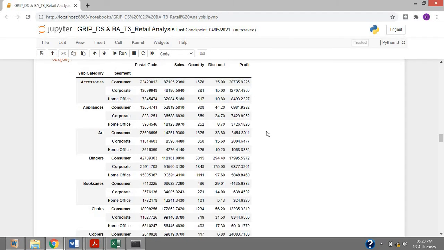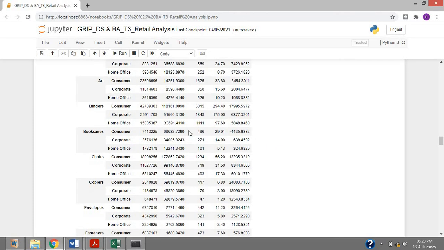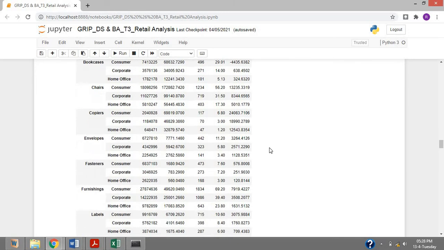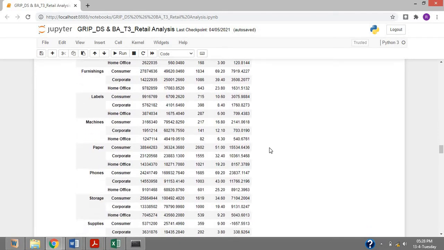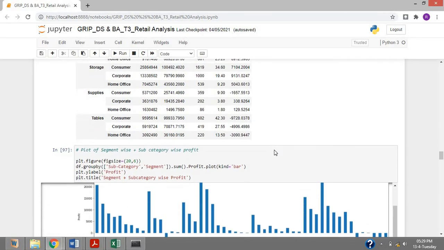So here if we see under the profit column, whichever ones are negative, bookcases consumer is negative, which means in bookcases only the consumer segment is loss making, not all. So likewise, in supplies it is consumer, whereas in tables it is consumer, corporate and home office. Let us visualize this better using a dot plot.